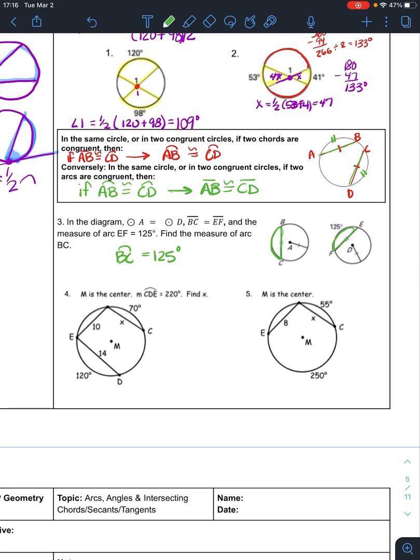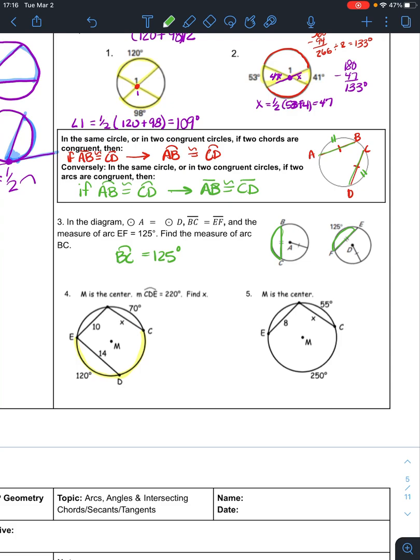Okay, using that same concept, M is the center of the circle, CDE is 220, so remember C to D to E, so I'm going to go from C to E and I'm going to go there through D. So let's find all of our missing pieces. CDE is 220.